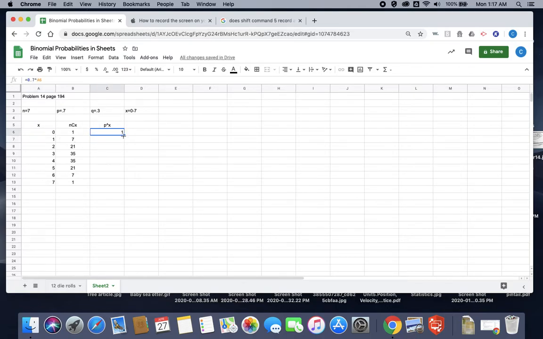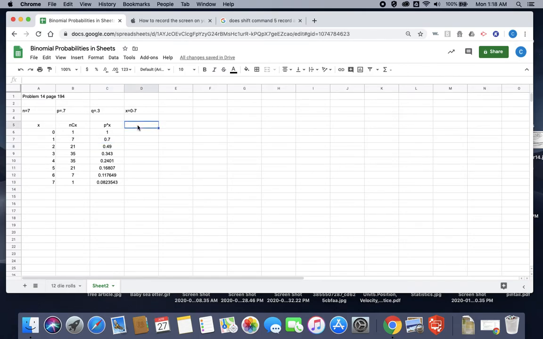And now we're just going to drag that down, and it's going to fill in all of those for us. If we click on any individual one and look up here, we can see 0.7 to the A7, 0.7 to the A8. So it's automatically adjusted the X values for each of these.